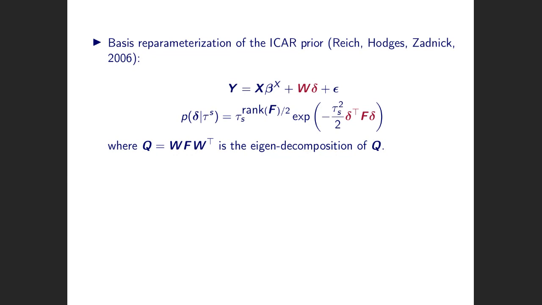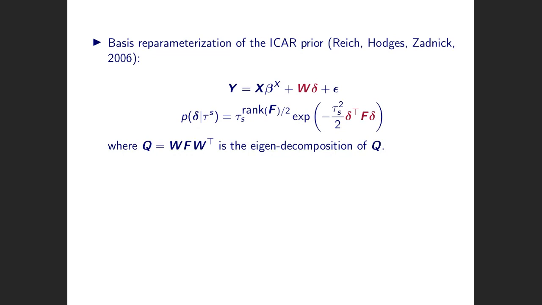In particular, replacing the eta that was here previously with a matrix W times a vector delta, where W is fixed and corresponds to the eigenvectors of Q, which is, again, the graph Laplacian of the simple graph A that embeds this neighborhood structure on the partition of space.